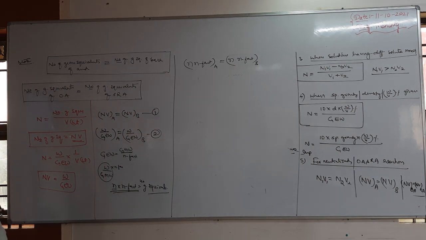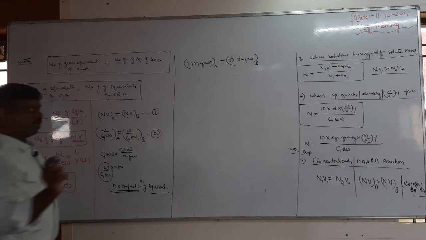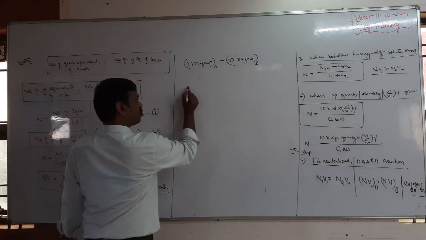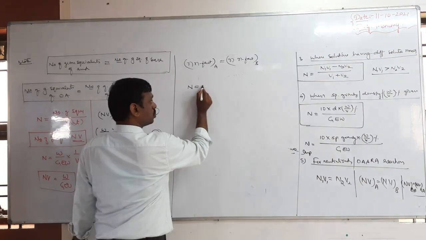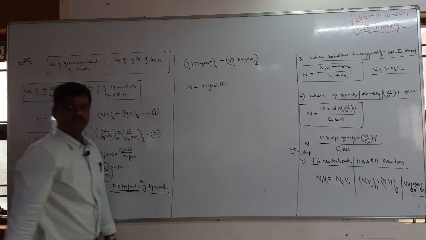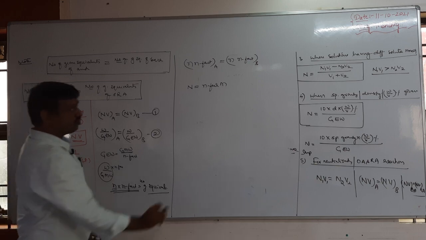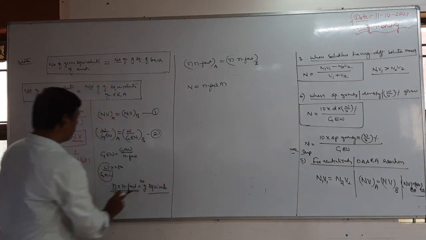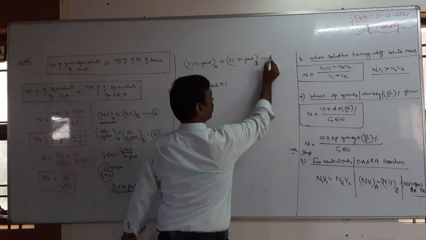Okay. Next, I want it in terms of molarity. Remember, there is a relation: normality is equal to N factor into molarity. In the last class we have written normality equal to N factor into molarity. So in place of N into V, it is a third formula.